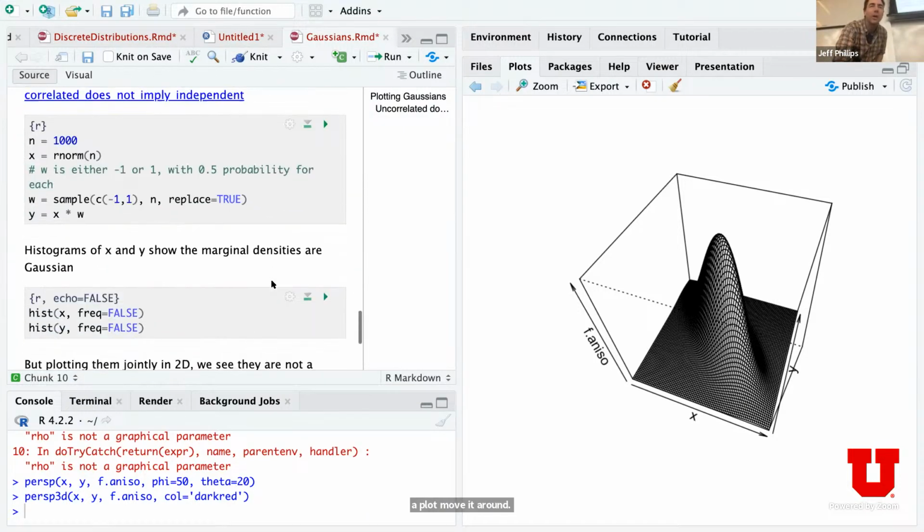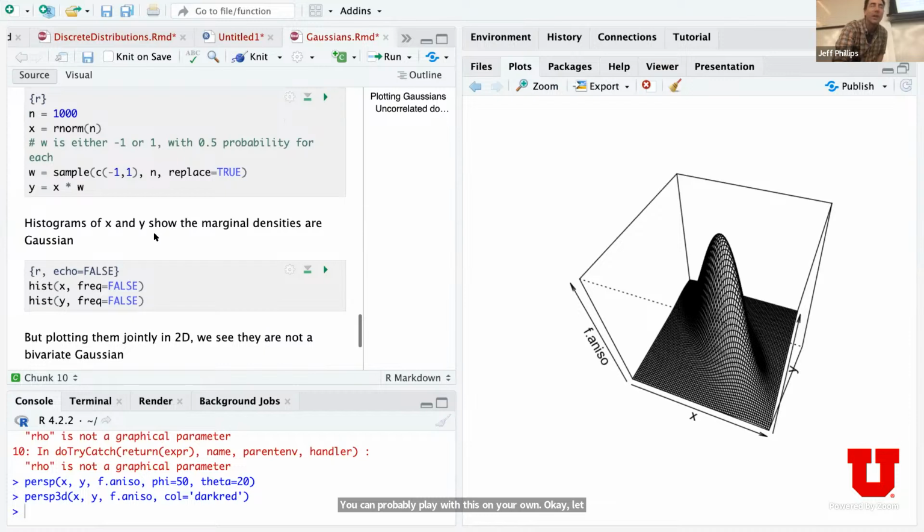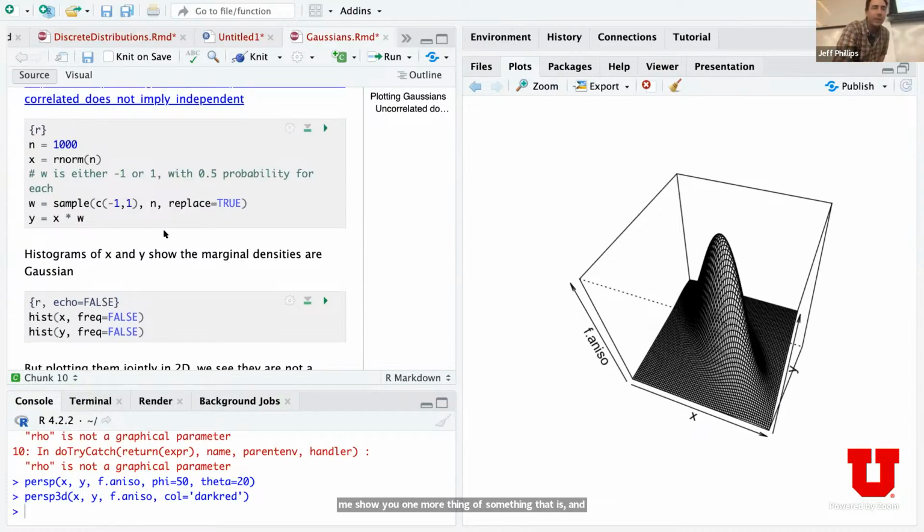Okay, let me show you one more thing, and then we'll do the quick review for the quiz. We're going to show an example that is correlated, but not, so no, its covariance is 0, but they're not independent parameters.